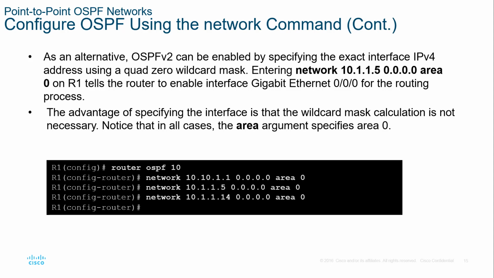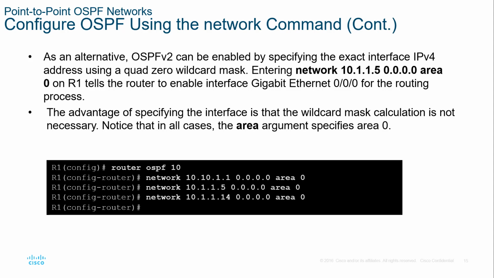That basically just says you don't have to worry about the wildcard masks, so you can do quad zeros. Realistically, you should get used to doing the wildcard masks. And you'll notice these are the specific addresses of those interfaces, not the network IDs.